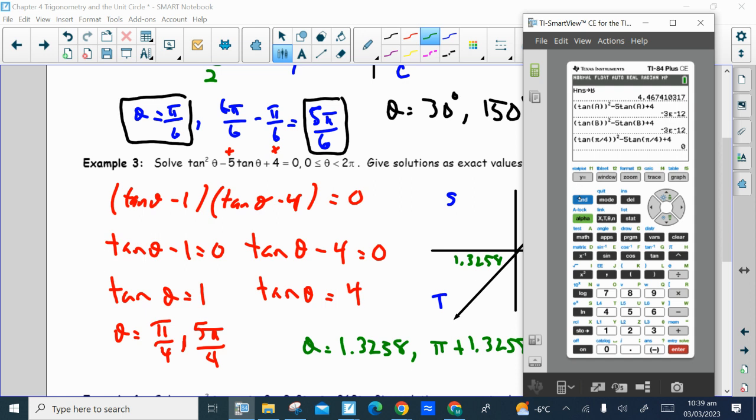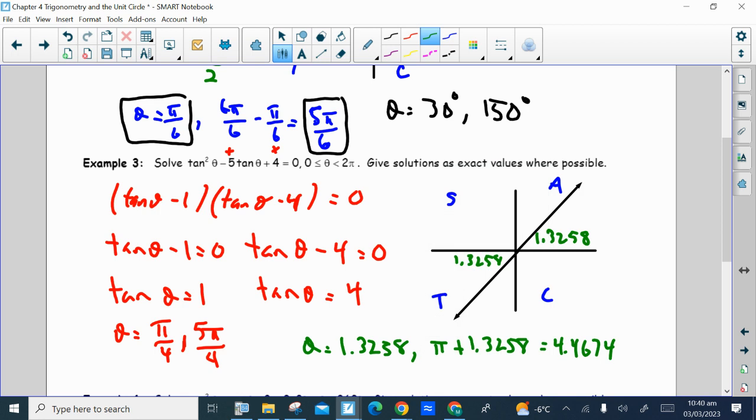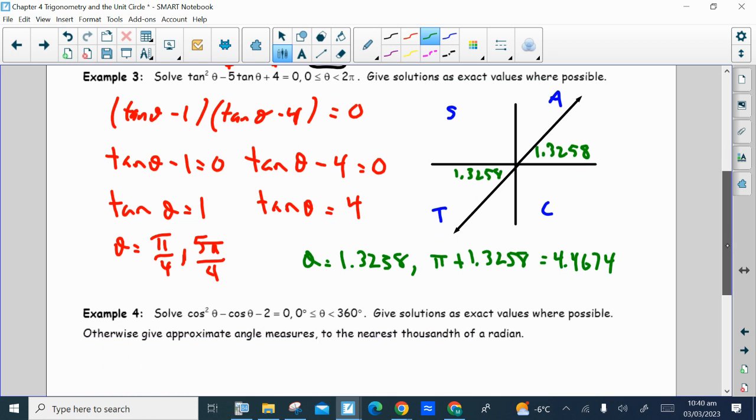And then 5 pi on 4. You should never get your stated answers incorrect because you can always check them. The only thing you might do is miss some of them by not getting all the quadrants that you need. But the answers that you get, you should never get wrong because you can always check them on the calculator.